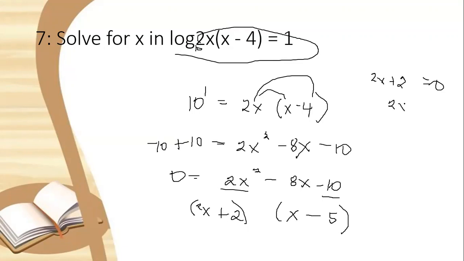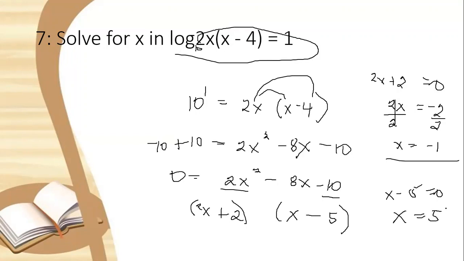So 2x is equals to negative 2. Then divide both sides by 2 para x na lang. X is equals to negative 2 divided by positive 2, negative 1. x minus 5 is equals to 0. So x is equals to positive 5.